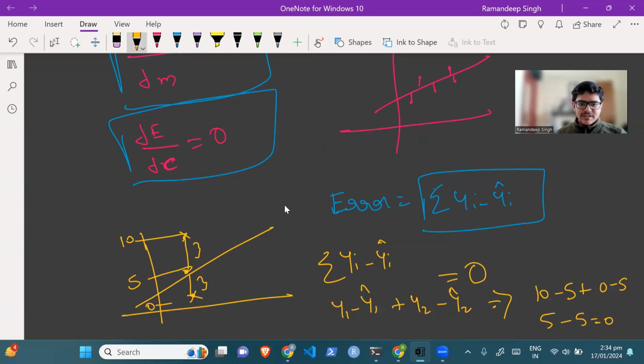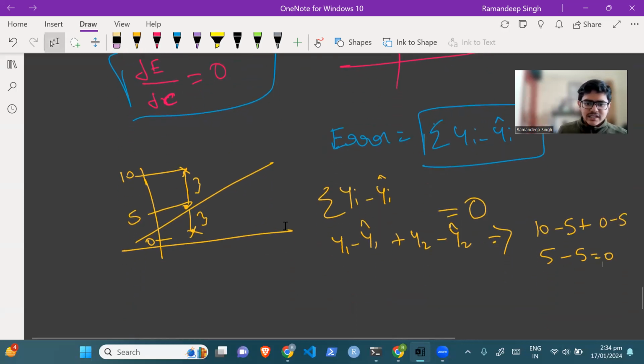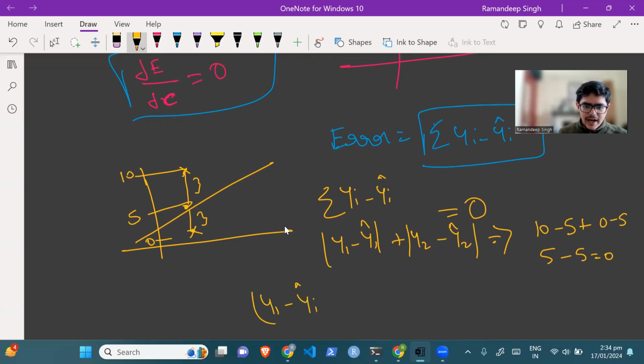But it is obvious that the error is not 0. We can't say that our regression line is passing through all the points. So either we take the mod of this error function or we square it: yi minus yi hat whole square, or modulus of yi minus yi hat.